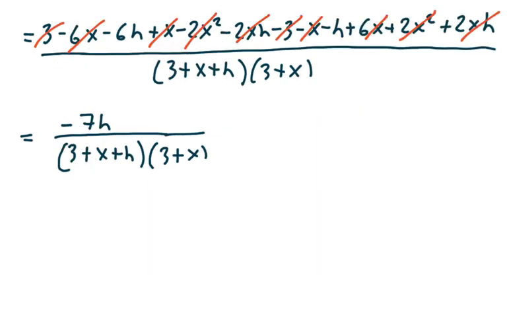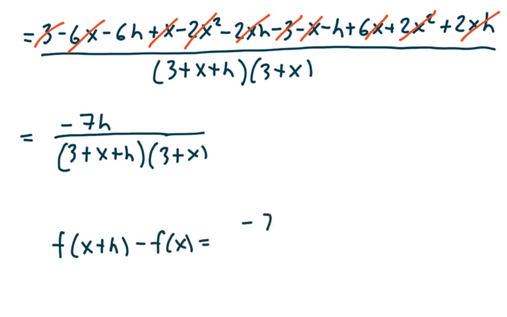And so notice here, I end up with negative 7h, all divided by 3 plus x plus h times 3 plus x. So now, let's remember, that is what f of x plus h minus f of x equals.